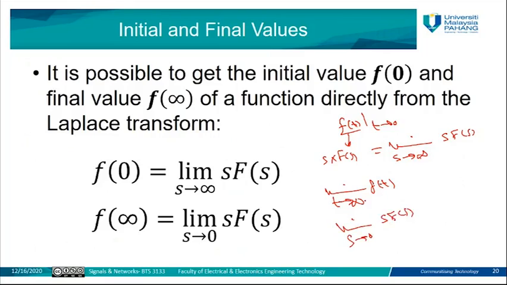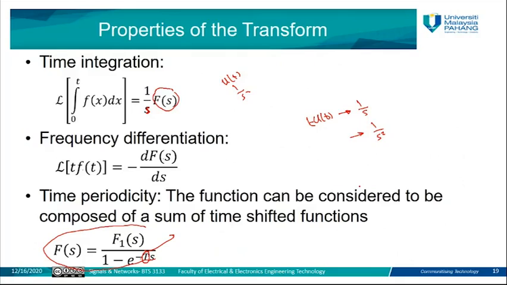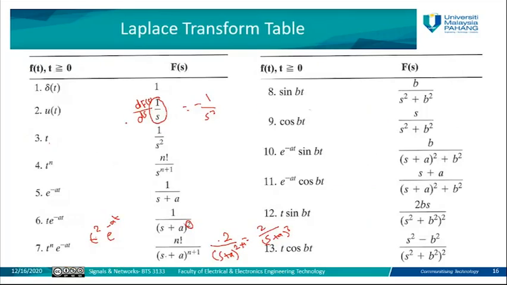Whatever function you have in this table, for example, if we ask what is the initial condition for f(t) equal to t when time equals 0. The initial condition for this one, because it's a simple function, is equal to 0.